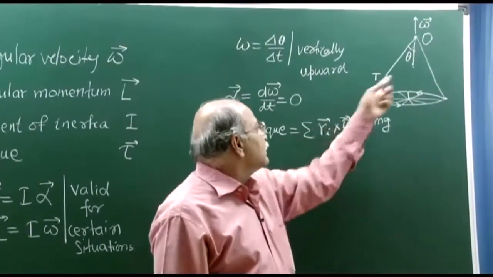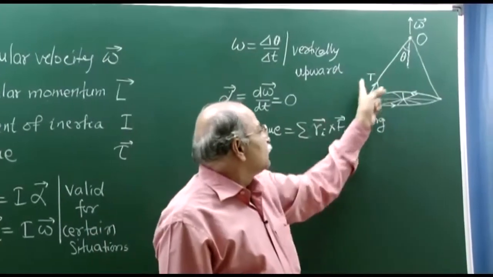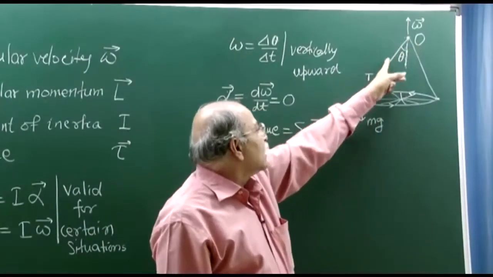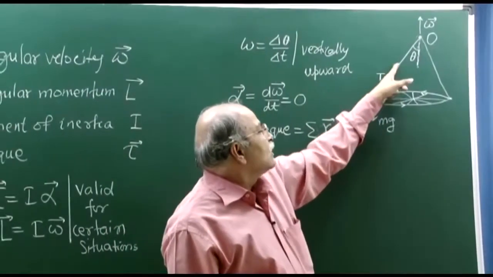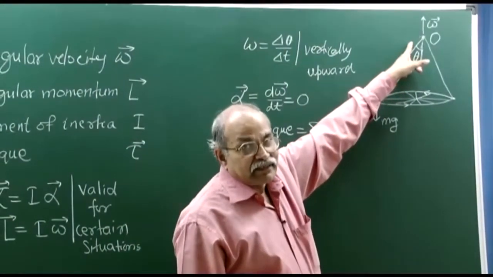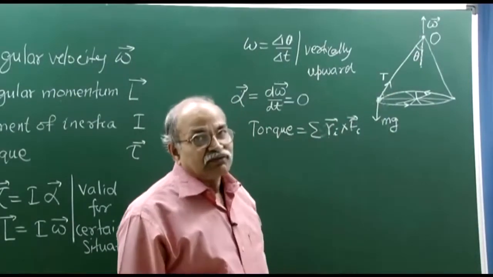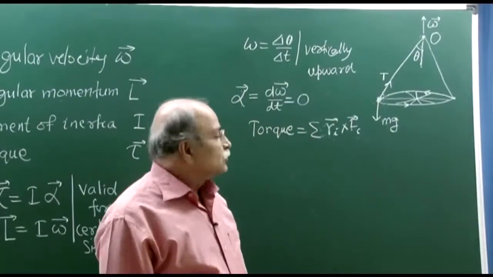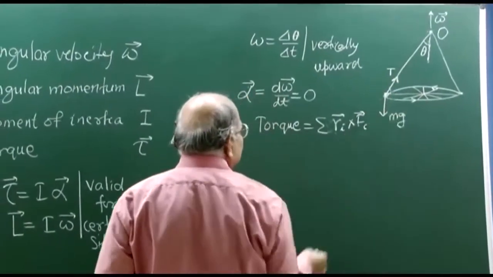This r vector is from the origin to the particle where the force is acting. So, this is the r vector, and the force vector is also along this same thread, and therefore they are parallel and the cross product will be 0. So, the torque of this tension is 0, and the torque of mg you have to write.